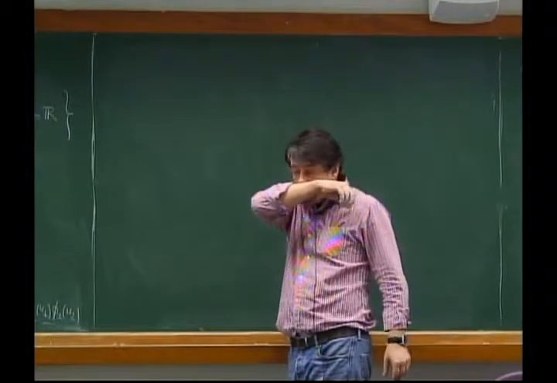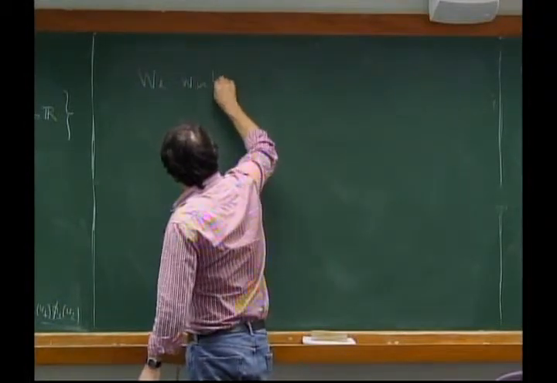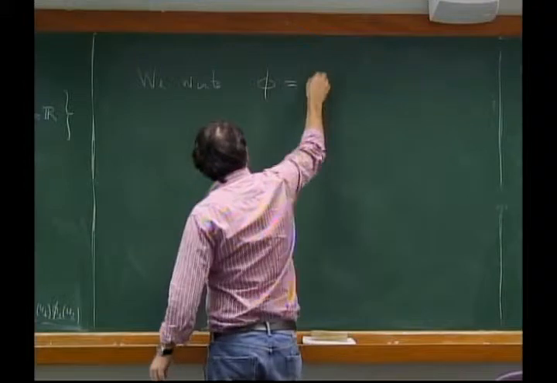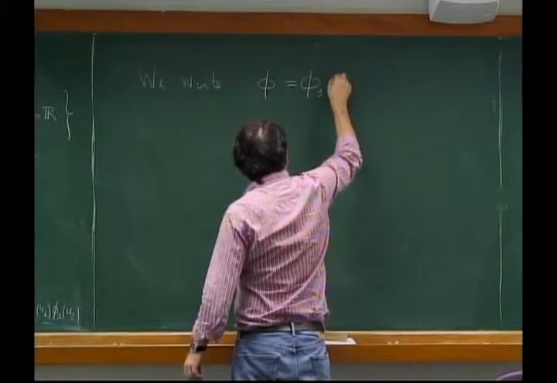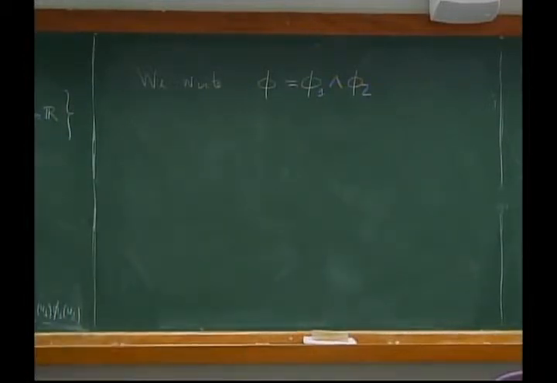Okay, we say that phi is the product of phi1, phi2. This is the usual product for linear forms, for differential forms, etc.